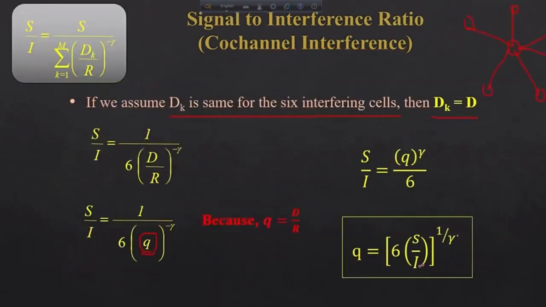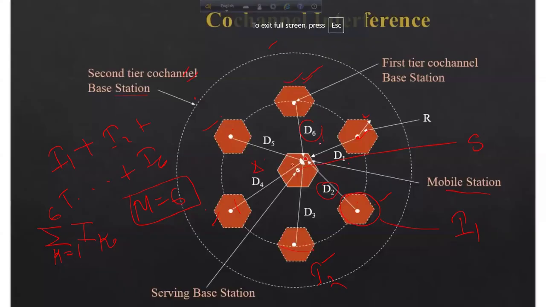Now, if we assume dk is the same for the six interfering cells, say for example, if my mobile station is on the center point of my cell, then all the distances from this center point to these points will be the same, right?